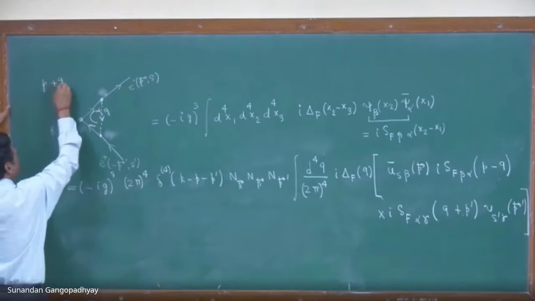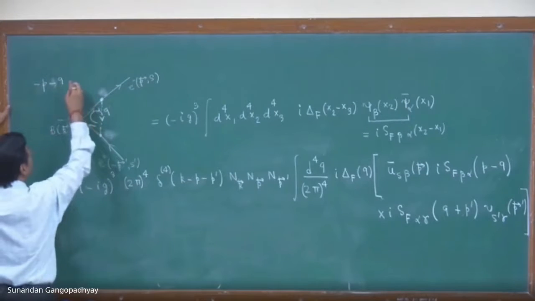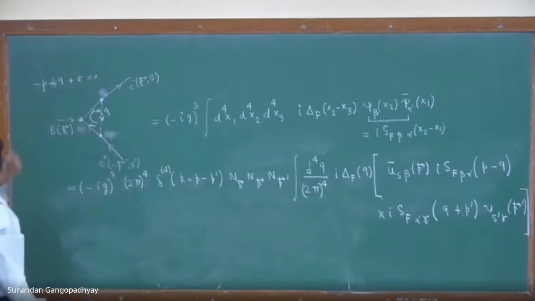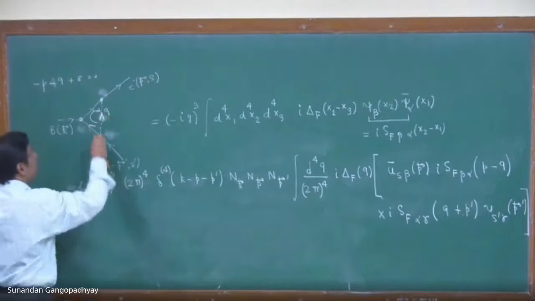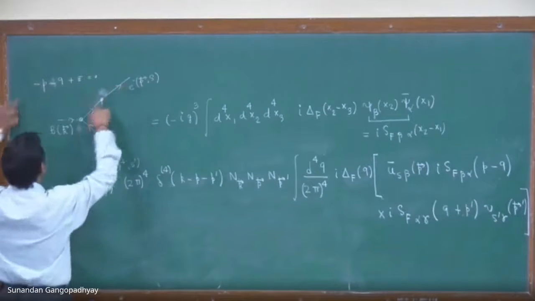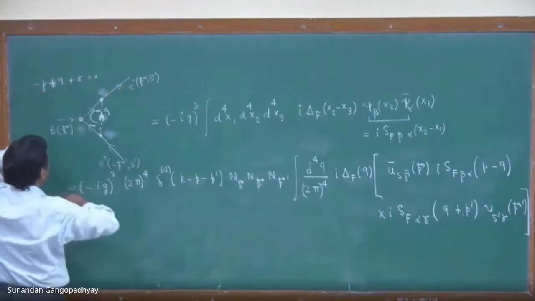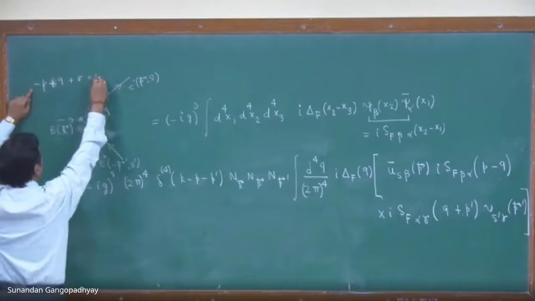P plus Q minus P Q. I call this momentum P plus 1, or call this matter. So what we have is going out, so minus P, coming in plus Q coming in plus.